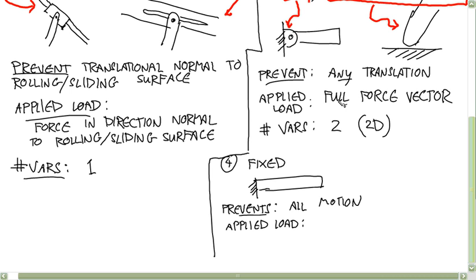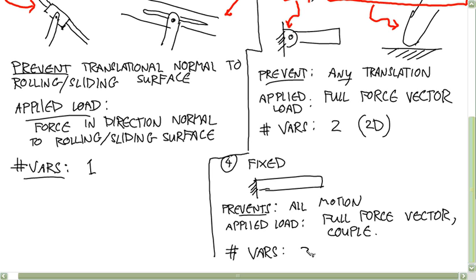It prevents all translation, so we know it has to apply those two force components. It also prevents rotation, so it applies a couple also. So a full force vector and a couple. And so how many variables do you need to represent this one? 3, right.